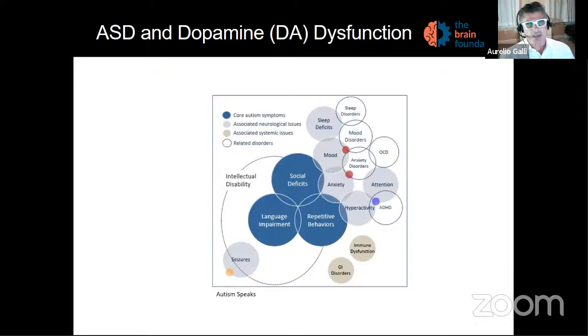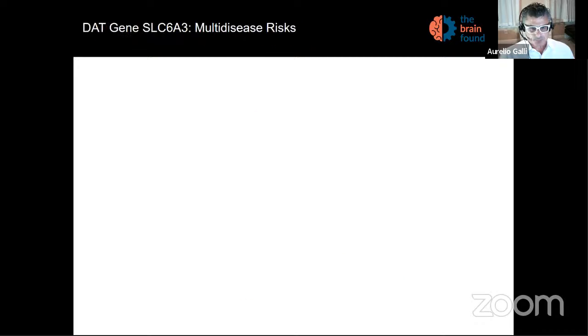So why ASD and dopamine dysfunction? There are a lot of traits that relate to autism spectrum disorder that point to dopamine dysfunction, from repetitive behavior, lack of rewards for social interaction, hyperactivity, anxiety, and so on.